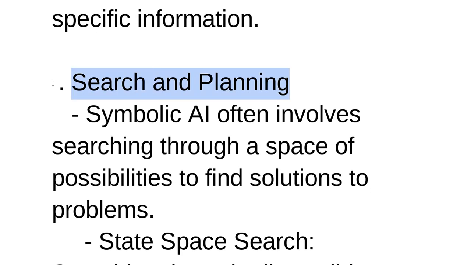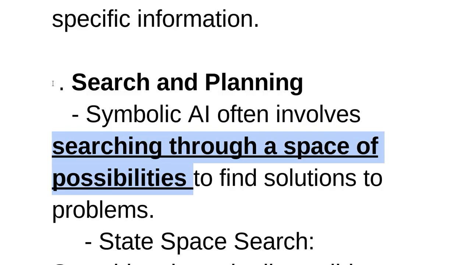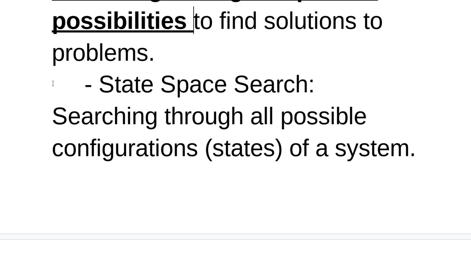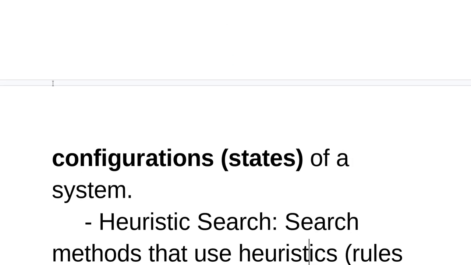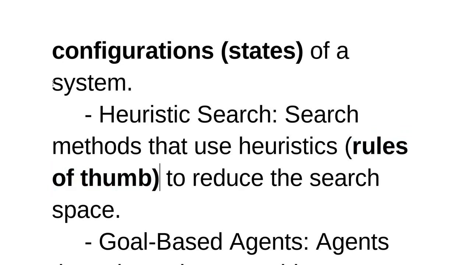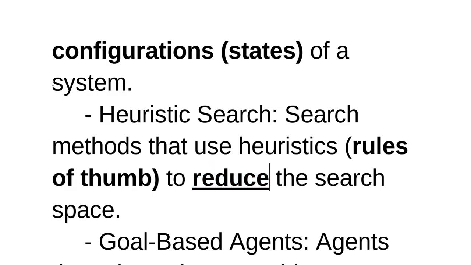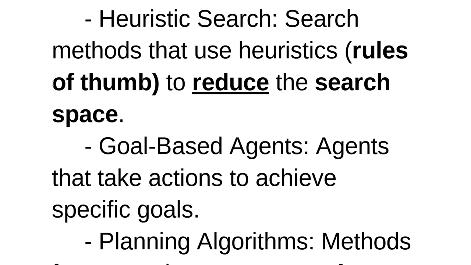Now comes search and planning. Symbolic AI often involves searching through a space of possibilities to find solutions to problems. Now there is state space search. It is about searching through all possible configurations or states of the system. Heuristic search uses heuristics or rules of thumb to reduce the search space, some domain-specific rules.